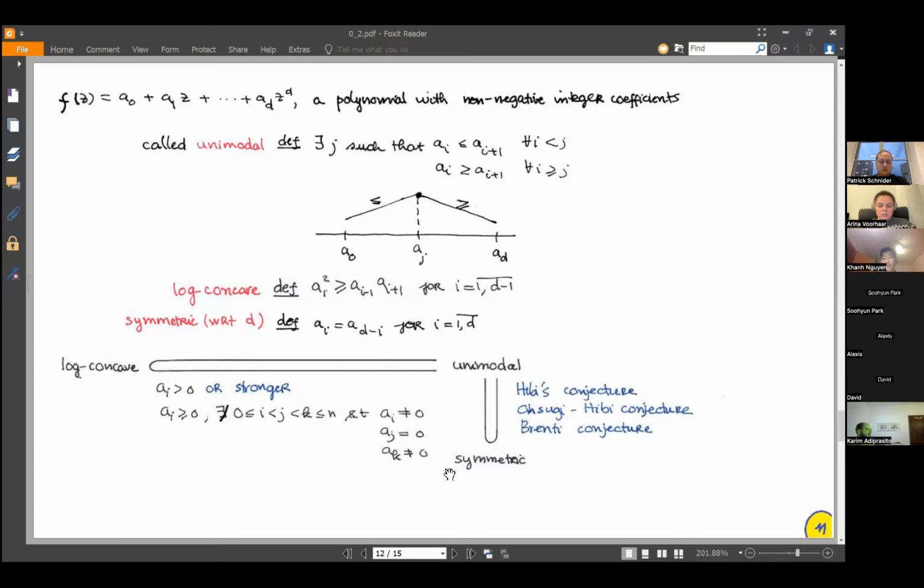And to connect the symmetric property with unimodal, we have some famous conjectures.